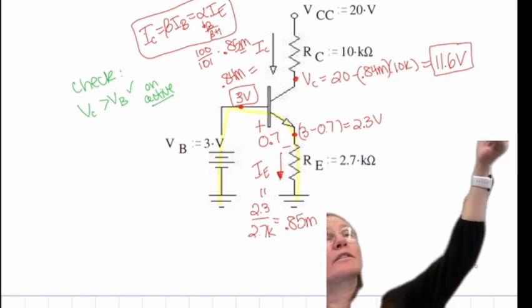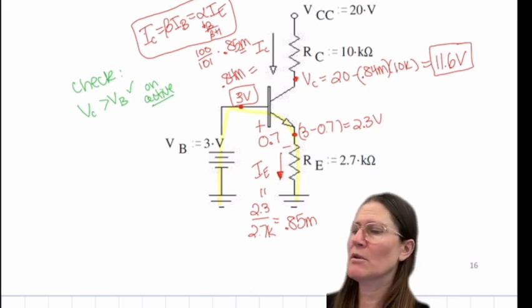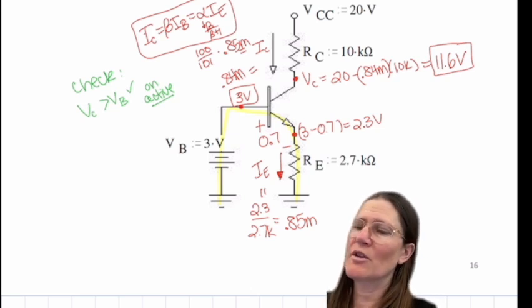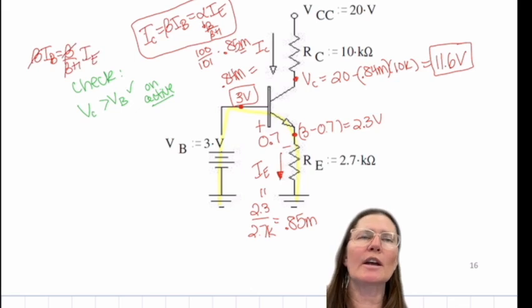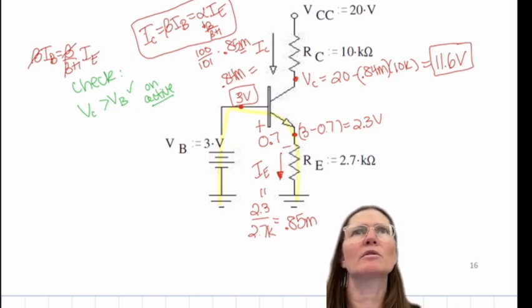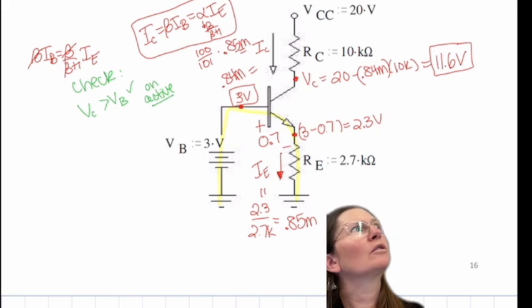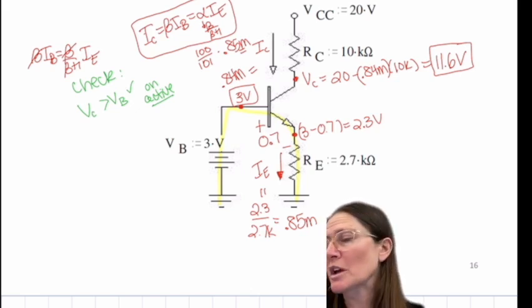So if you're trying to find IB, IB would be IE over beta plus 1. Or IC is alpha, which is 100 over 101 times 0.85 milliamps.